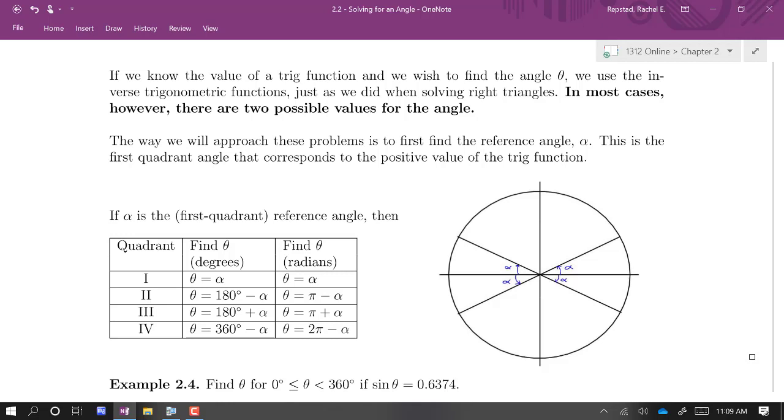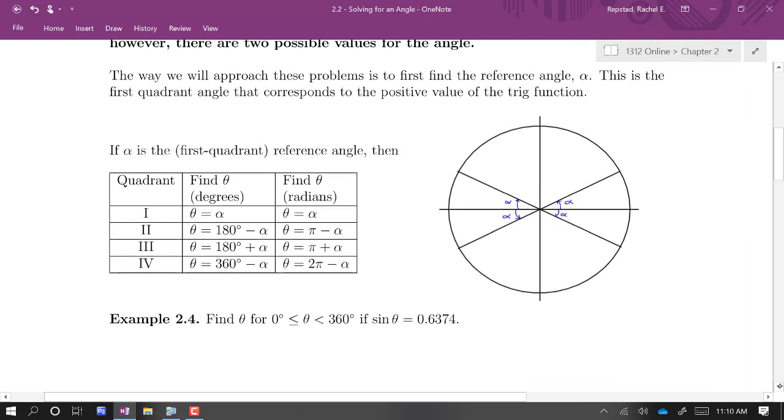And then I can use the symmetry that we talked about in the last section to find the angles that I want. So if one of the angles that we want is in the first quadrant, then that angle is just the reference angle that we found. If what we're looking for is an angle in the second quadrant, then we get that angle by taking 180 degrees minus alpha.